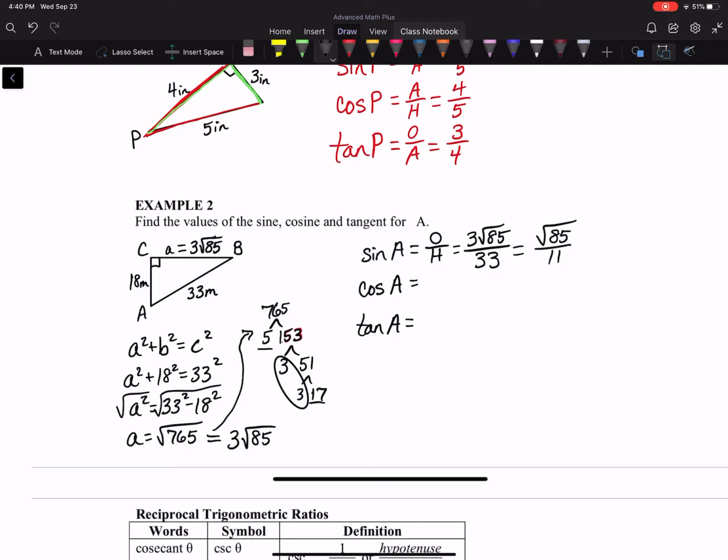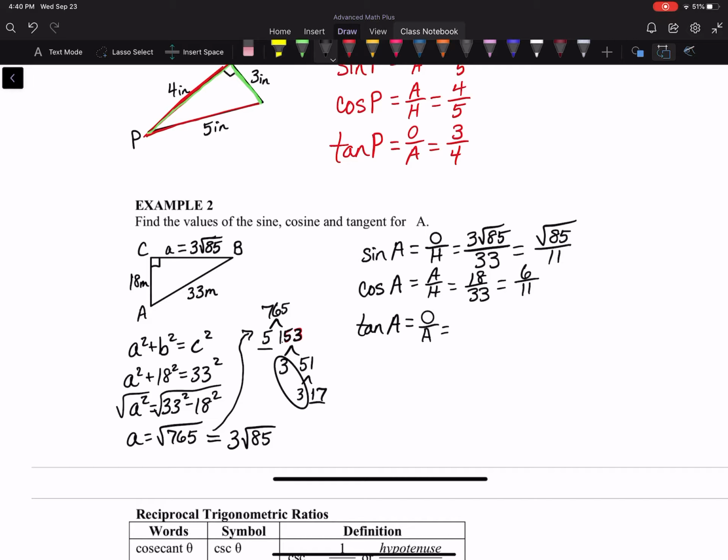Cosine is adjacent over hypotenuse. So the side that's adjacent to A is 18, divided by the hypotenuse, 33. And you reduce, 3 will go into 18 6 times, and 3 will go into 33 11 times. So 6 over 11. And then finally, the tangent is opposite over adjacent.